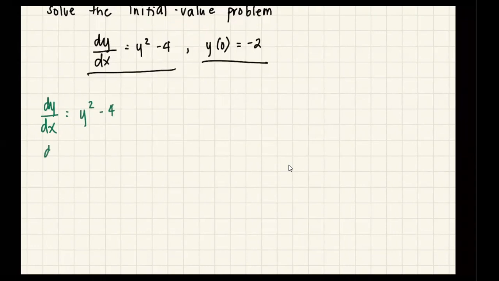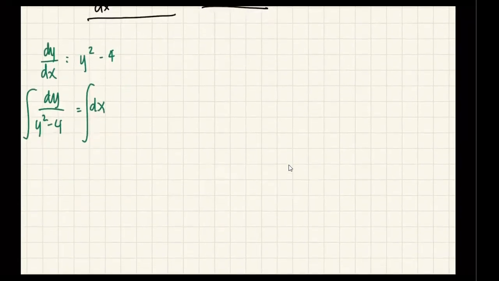So, magiging dy over y squared minus 4 equals to dx. So, separated na siya. So, integration na tayo. Pwede mong i-factor yung denominator, so siyang dy over y plus 2 tsaka y minus 2.